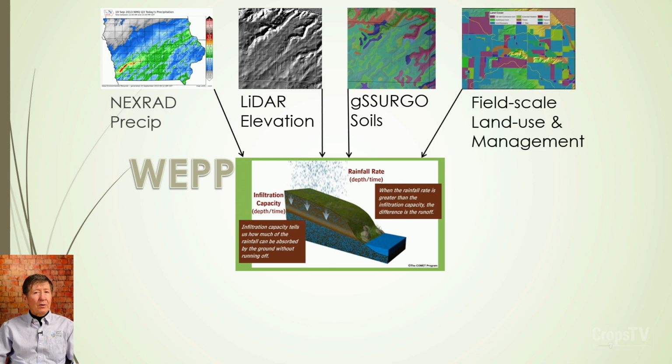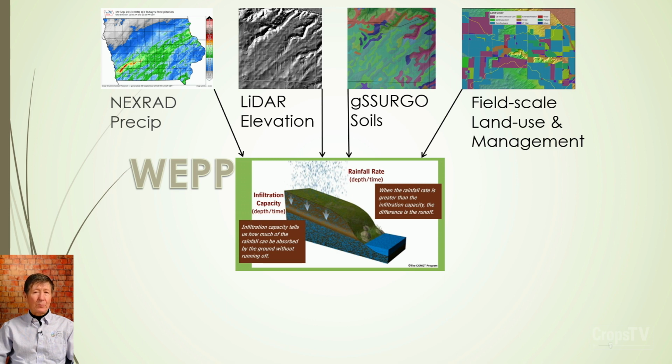We have to know all the field boundaries in the state. You say, why do you need to know that? Well, management decisions are made within fields. And management, especially tillage and the crops that are being grown, have a critical role in the amount of erosion that occurs. So we have remote sensing, again, aerial imagery, satellite imagery, and electronic databases that allow us to get those field boundaries.